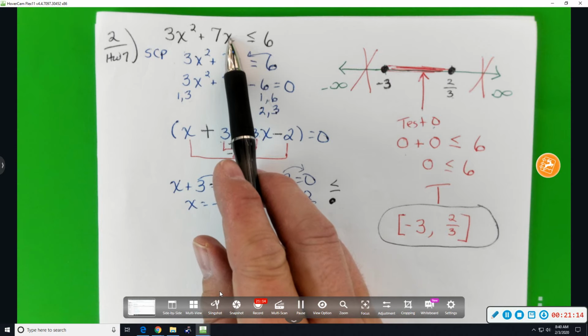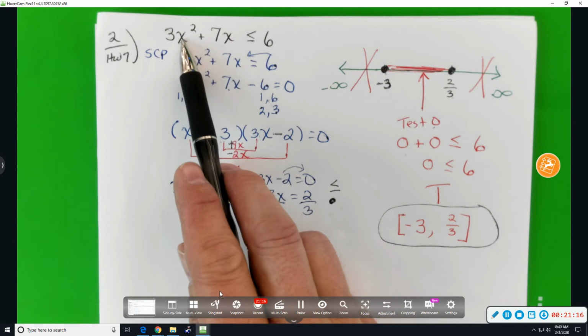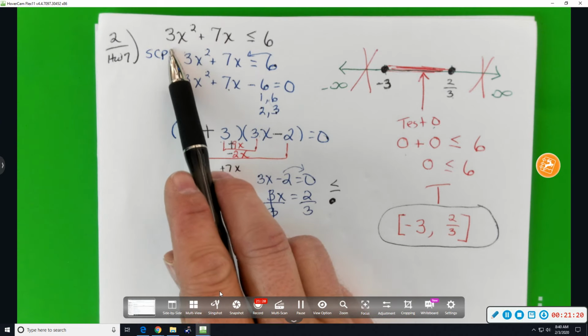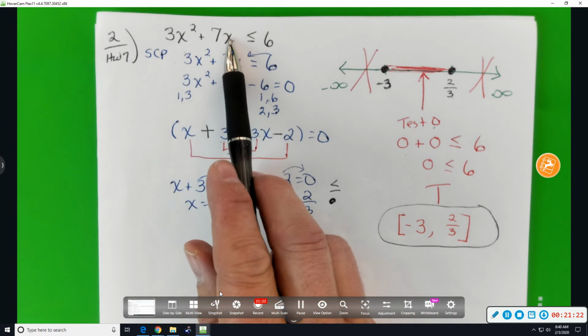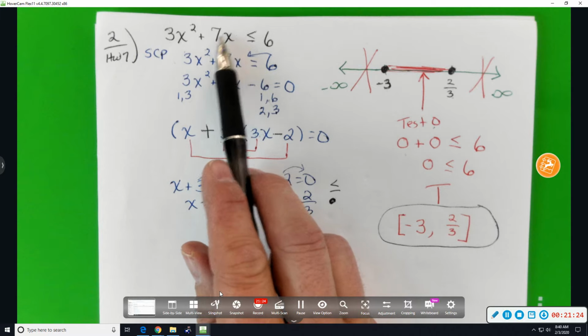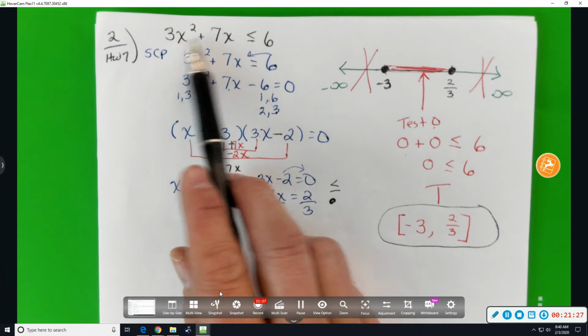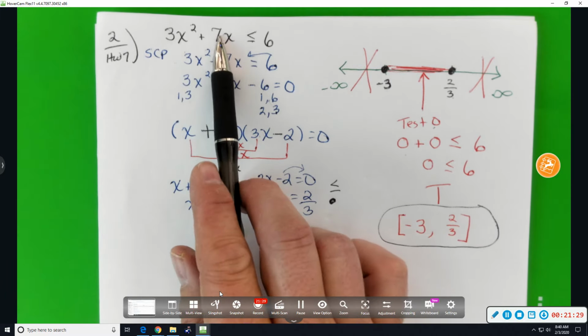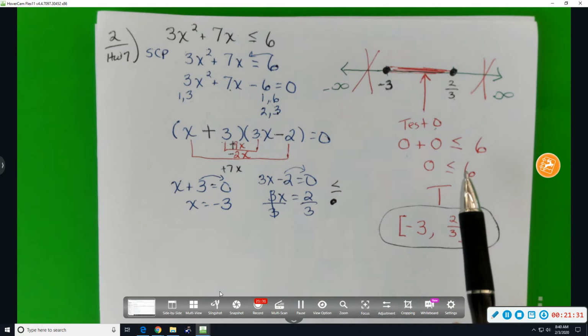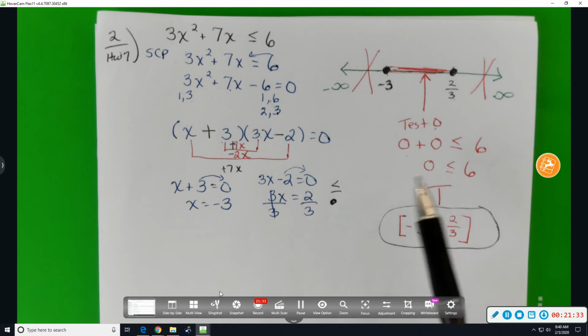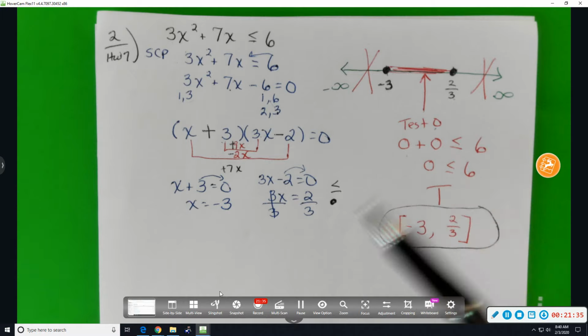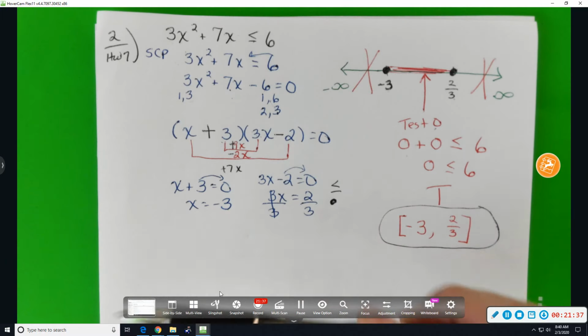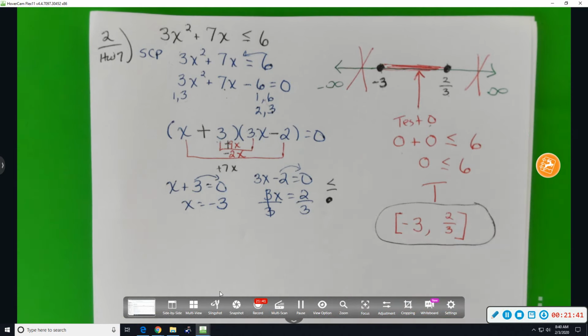I felt so ignorant once I realized what he was doing. 0 squared, he put a 0, 0, so there was 300. He put a 0 right here, 7, 0, so it was 370, that's what he was getting. 370 is less than or equal to 6. You know, I feel so stupid. It took me a long time to figure out where he was getting those weird numbers he's calling out. Okay? So, yes.